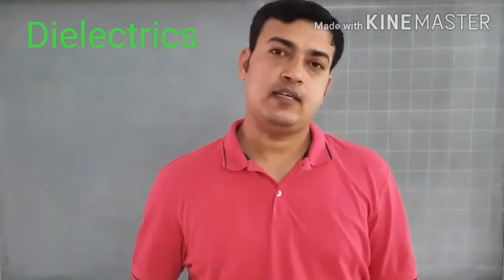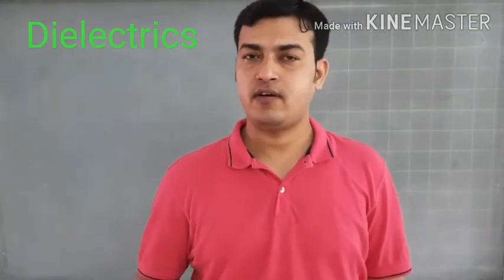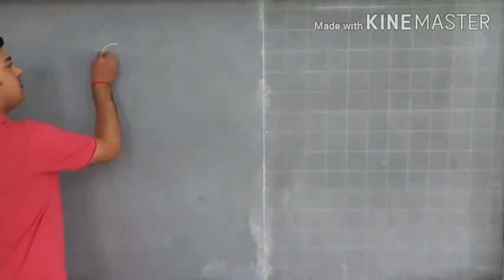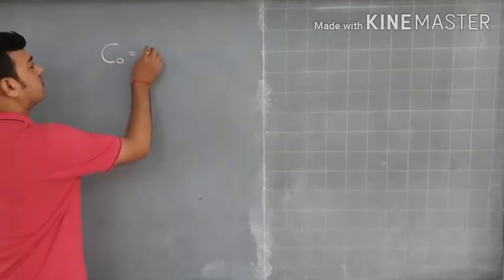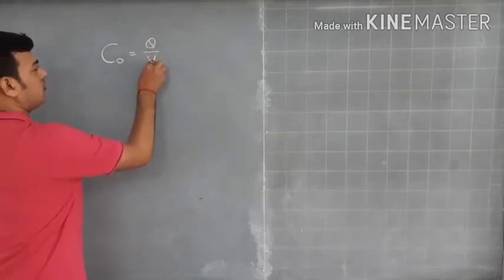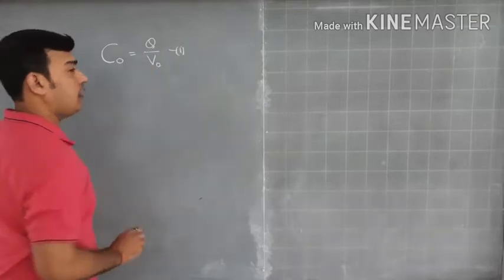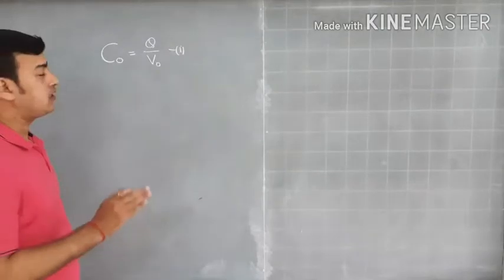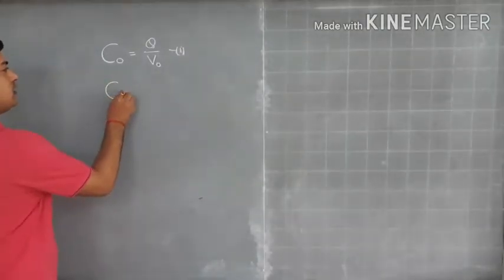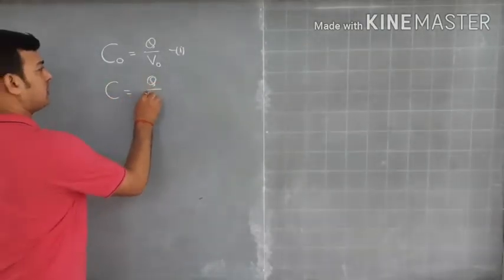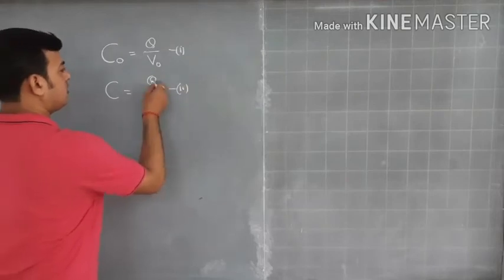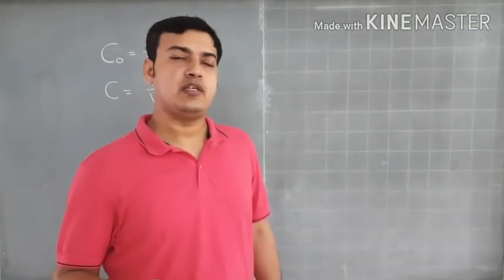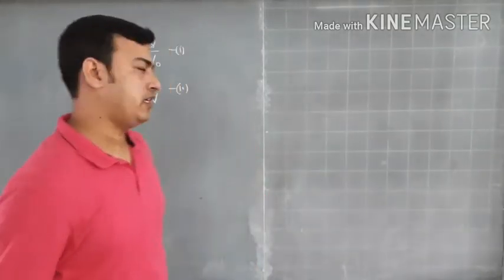Let us assume that the original capacitance of a capacitor is C0. So, I can write C0 as Q by V. And the capacitance when a dielectric material is placed between the plates is C, which can be written as Q by V, since on introducing a dielectric material, the potential difference between the plates will change.